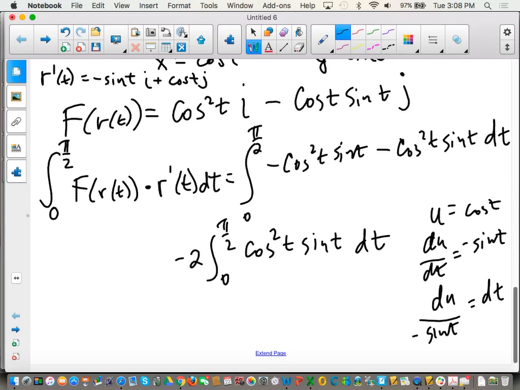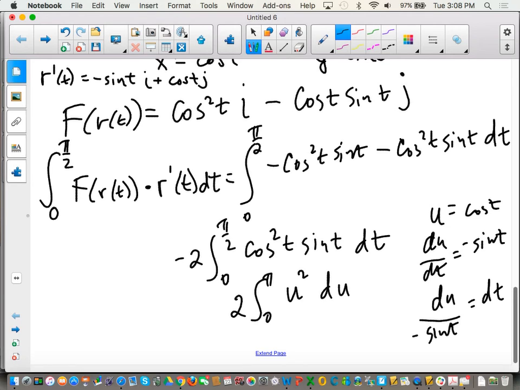Or you could have just left that over there, however you want to do it. So when we plug this in, the negative will cancel. We just get the integral of u squared du. Oh, I forgot the 2, didn't I? Alright.